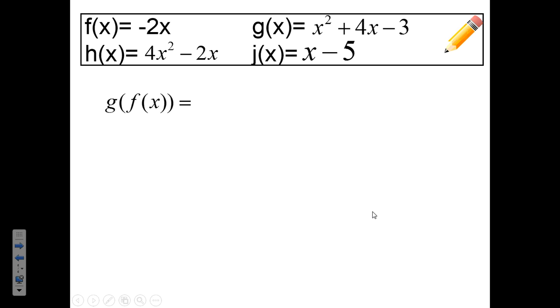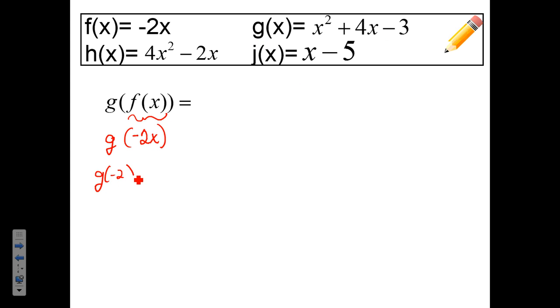Let's try that again, but let's do g of f of x. Again, we start with the f of x. Inside out, we plug in that negative 2x for f. Then we go to the g function, and everywhere we see an x, we plug in a negative 2x.